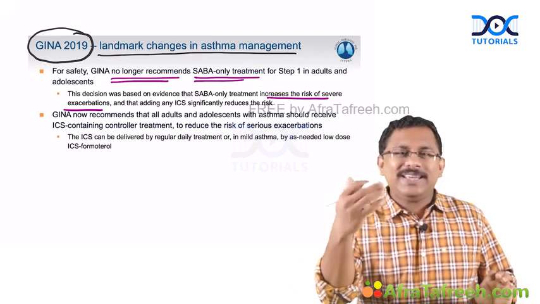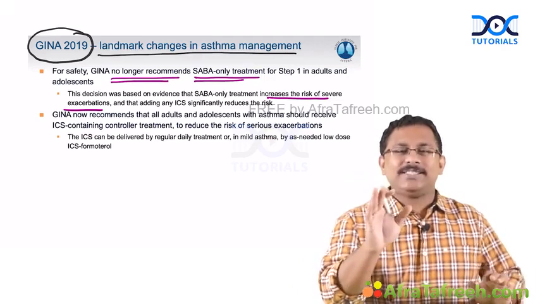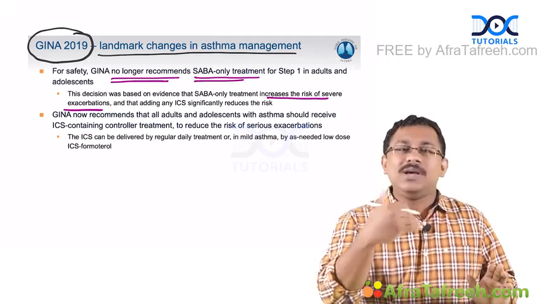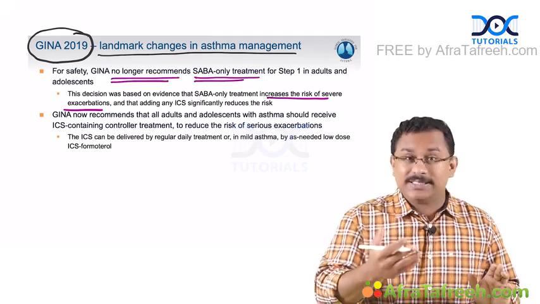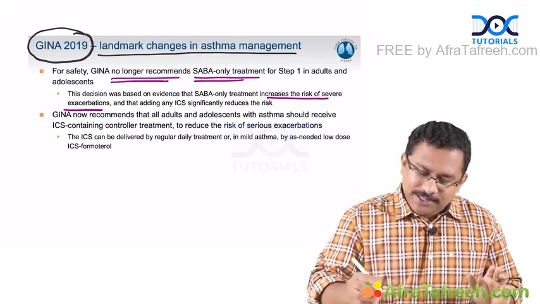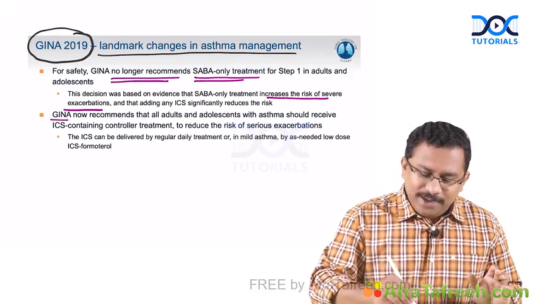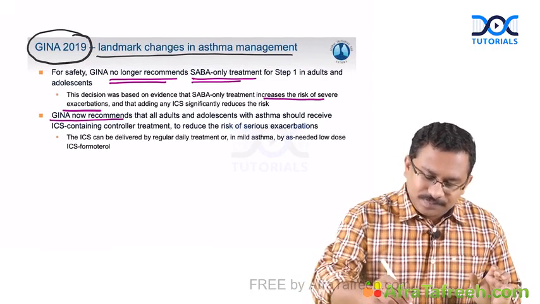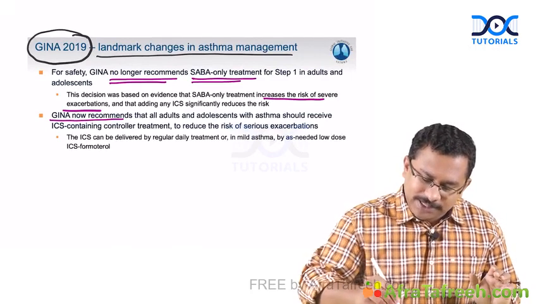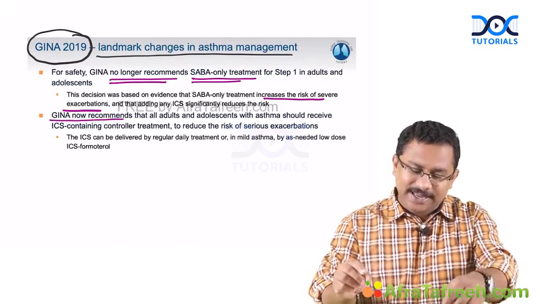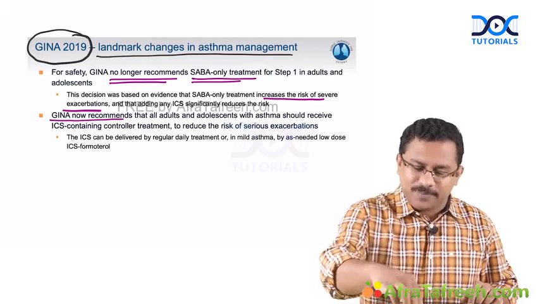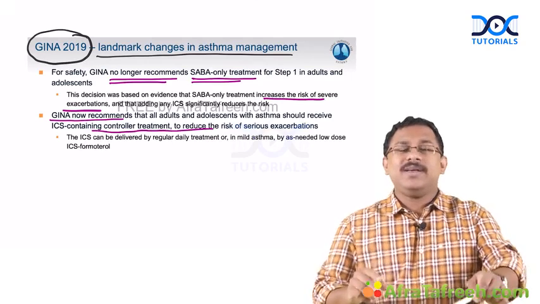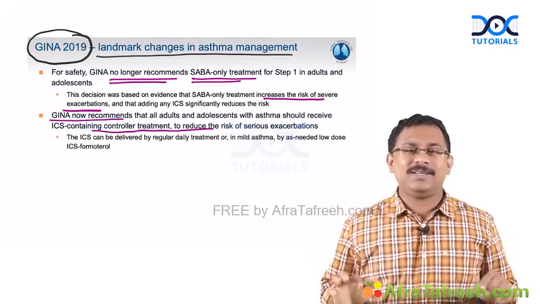So because it increased the exacerbations, we took a decision, okay, so no longer SABA only. If at all you are going for track 2, give an ICS also if it is step 1. Okay, so GINA now recommends that all adults and adolescents with asthma should receive an ICS containing controller treatment as well, to reduce the risk of exacerbations.